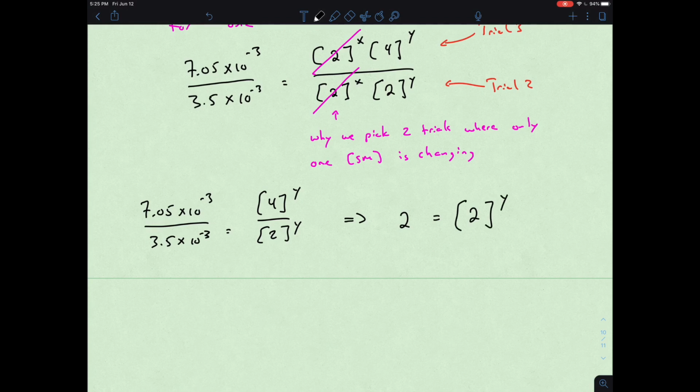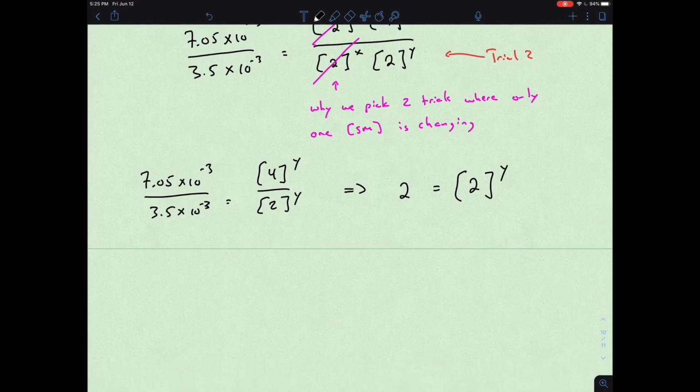Now, obviously, this is an easy one to figure out, but how can we pull out that y value? We want to use log to solve for the power, or solve for, rather, reaction order.